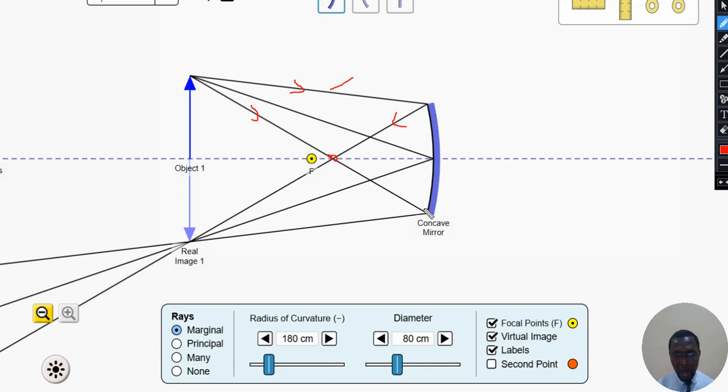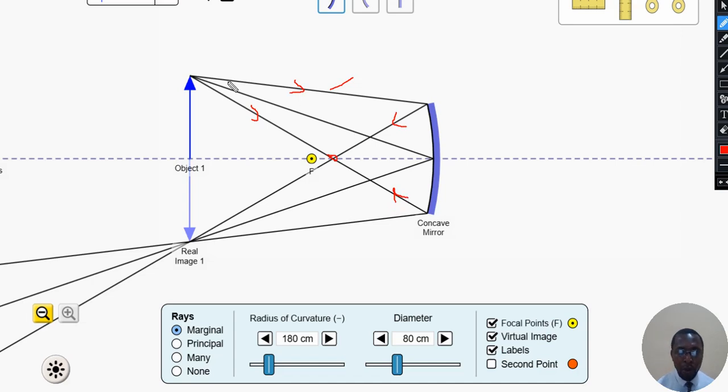By the time it reflects, it reflects through the same focal point. So let's take note of that too, because it's a rule of ray diagrams. Now when the light passes through the focal point, it reflects through it. That's the reflected ray now.